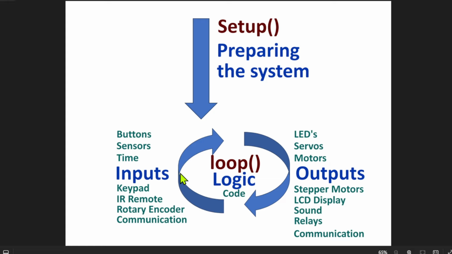Now, one of the things that is hard to get your head around with an Arduino is just how fast it is. It runs at 16 megahertz. Now, that means that it processes 16 million instructions per second. Okay, just think about that, 16 million instructions per second.